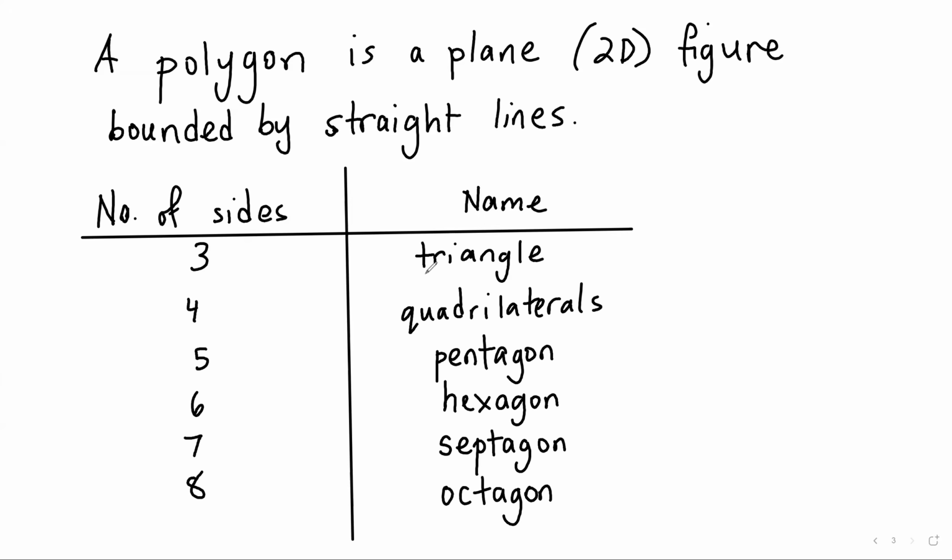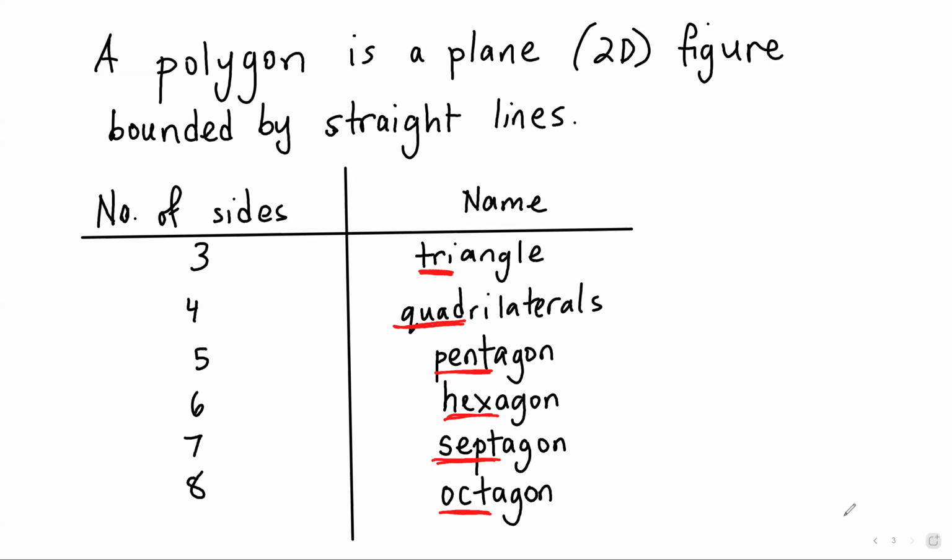The prefix tri is 3, quad is 4, pent is 5, hex is 6, sept is 7, and oct is 8. These are the first eight of them, their special names: triangle, quadrilateral, pentagon, hexagon, septagon, octagon.